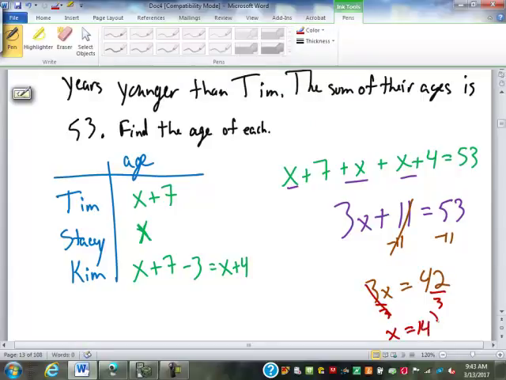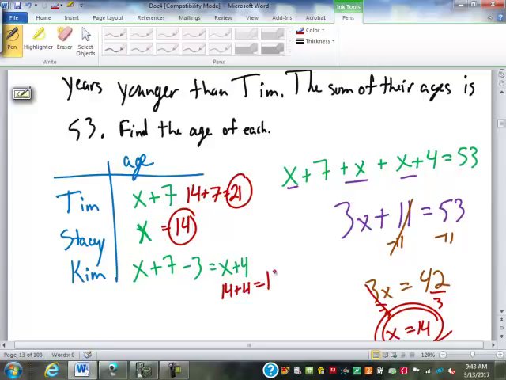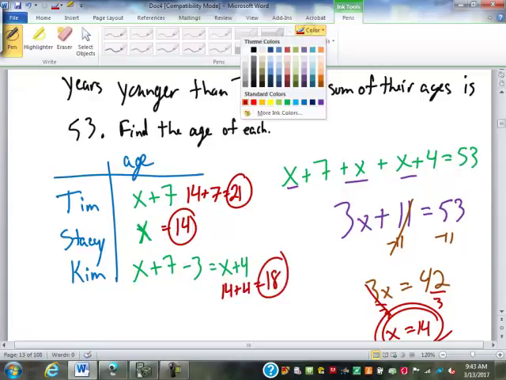X equals 14. Stacy's 14. So Tim is 21, 14 plus 7. So 14 plus 4 is 18 for Kim. Not bad. Any questions?